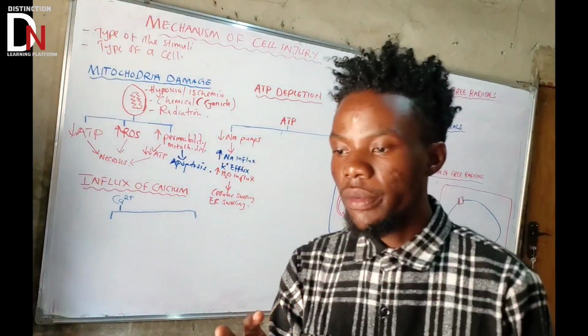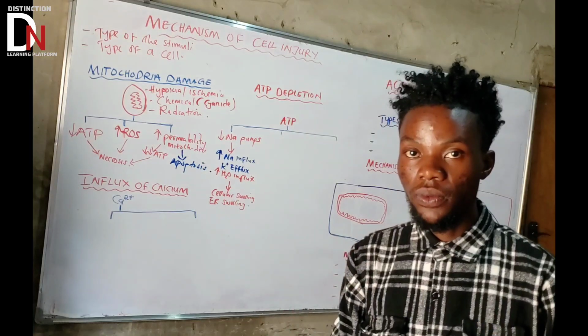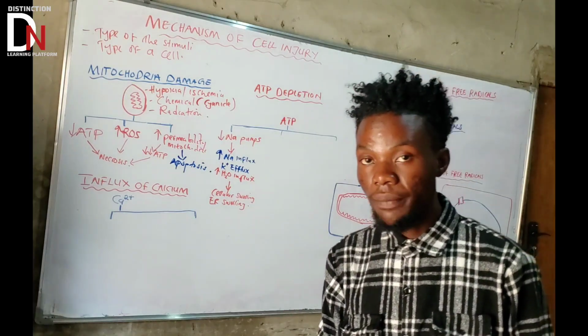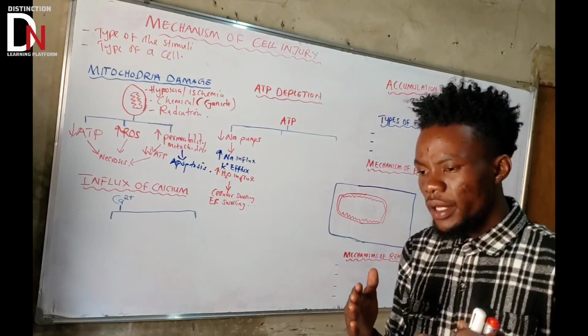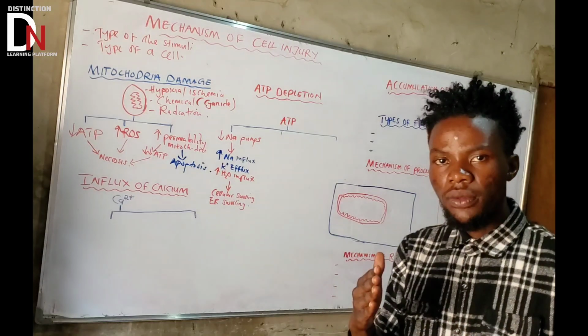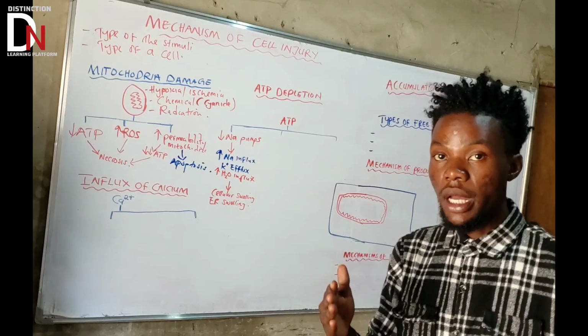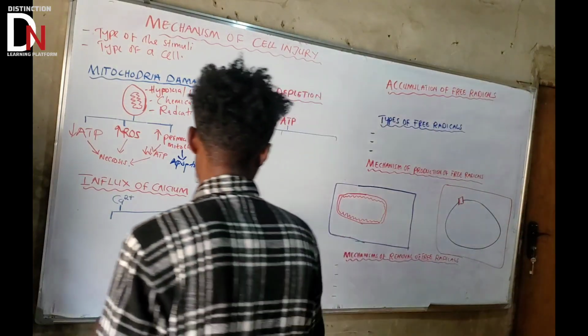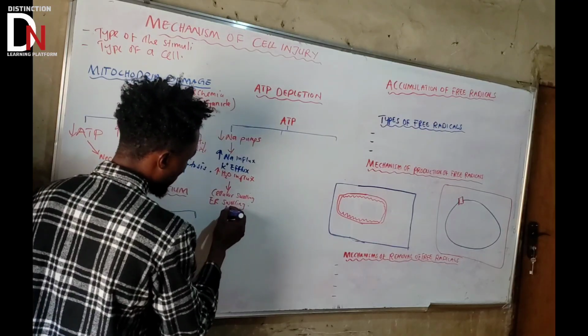You remember that on the rough endoplasmic reticulum, there are ribosomes that are attached to the endoplasmic reticulum. Now if the ER is swelling, what will happen to the ribosomes? The ribosomes will start detaching from the ER. So if the ER swells, it will lead to detachment of what?